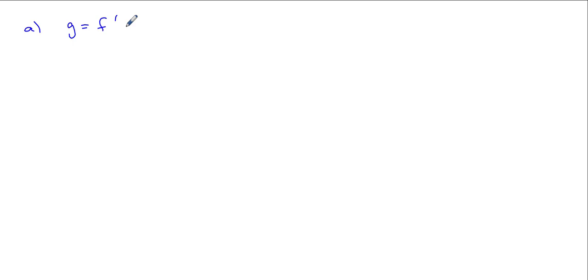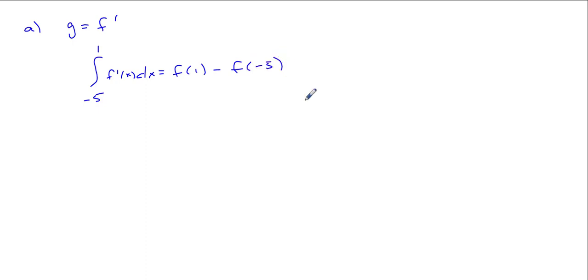So, if f of 1 equals 3, what's the value of f of -5? Well, how am I supposed to find that out? Well, they give you an f, they're asking about an f, and f prime equals g. So that would be the integral from -5 to 1 of f prime x dx equals f of 1 minus f of -5.